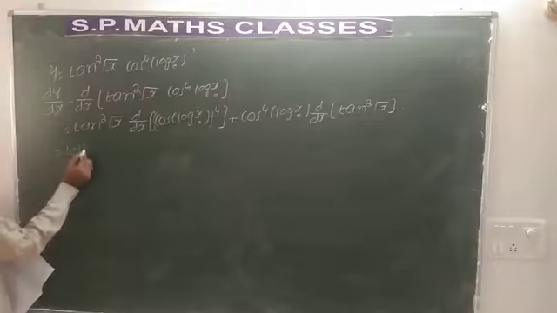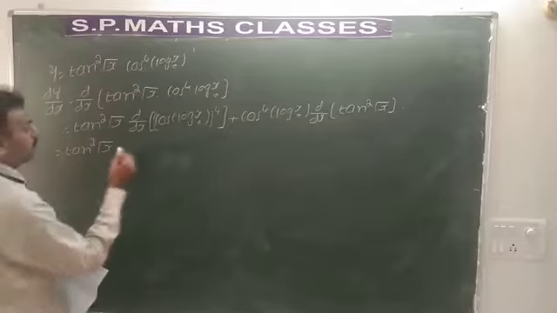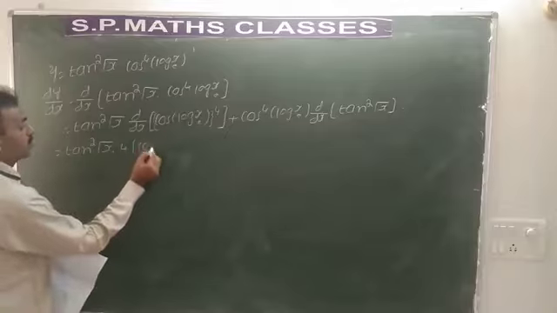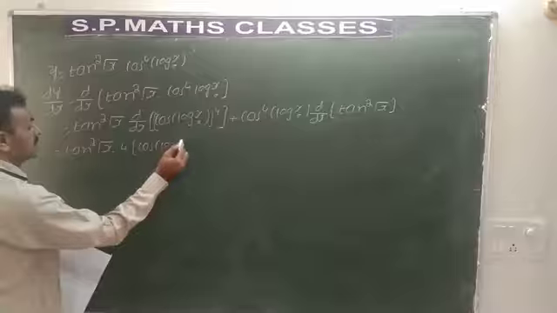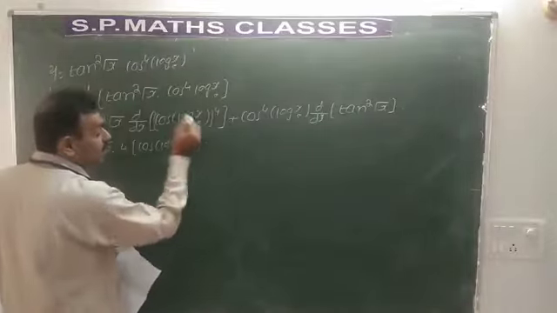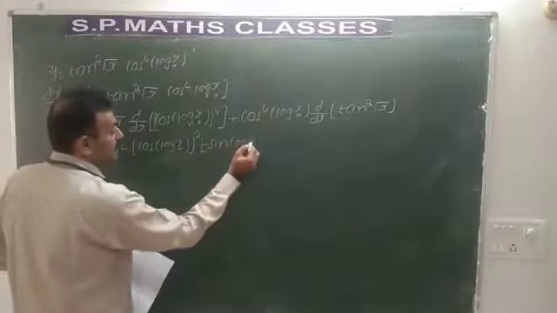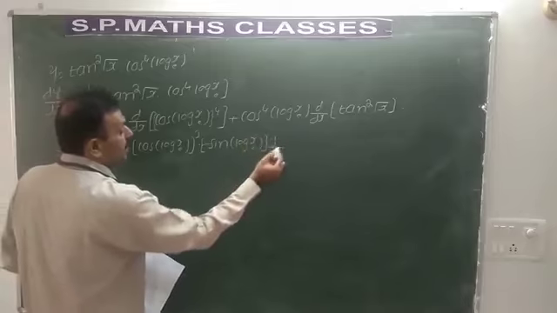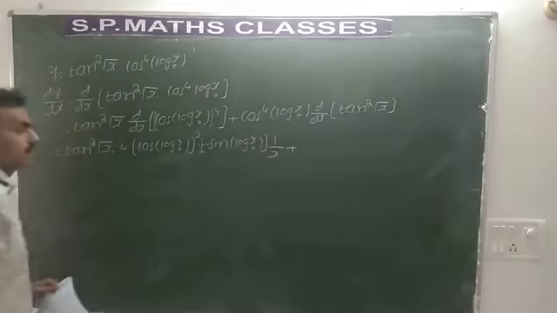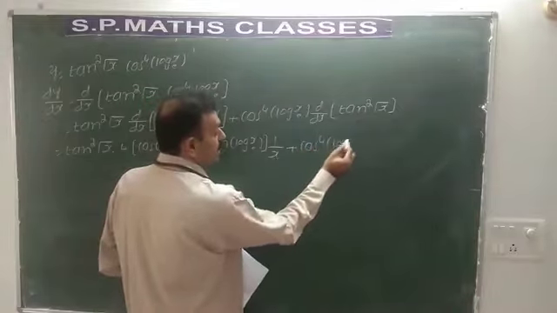I write tan squared root x, derivative of x power 4, 4 into cos of log x to base e whole power 3 into derivative of cos of log x, minus sin of log x into derivative of log x, 1 by x, plus I write cos power 4 log x.